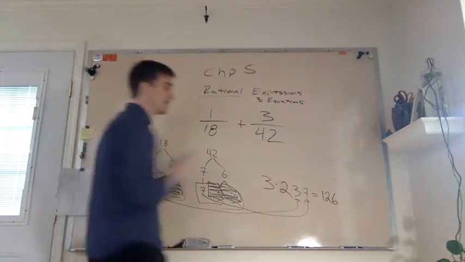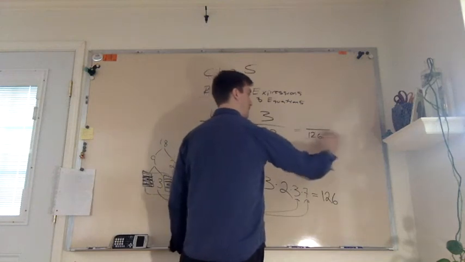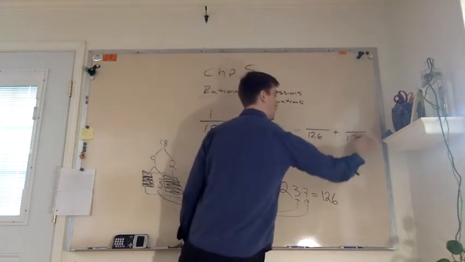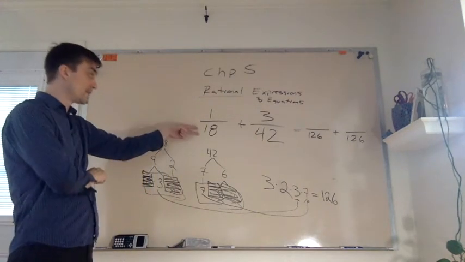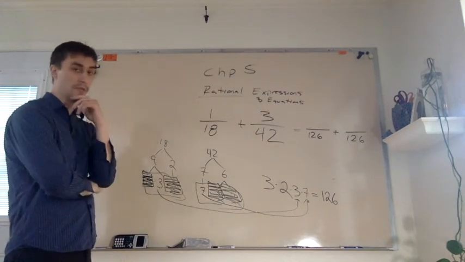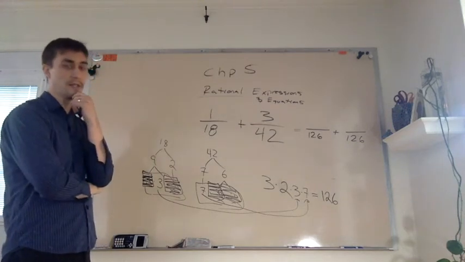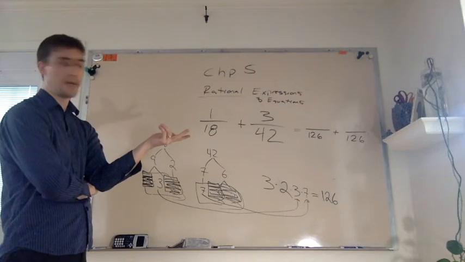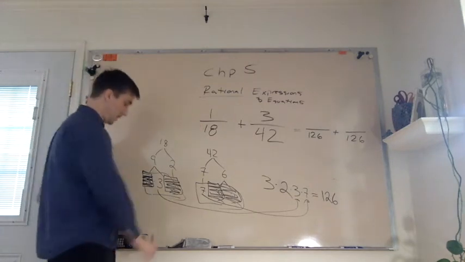Once I've identified that, I do a little bit of setup work. Go like this. I'm going to force this fraction to have a denominator of 126, and I'm going to force this fraction to have a denominator of 126. Don't know what the numerators are going to be yet, because I've got to figure out first how to make this into 126.